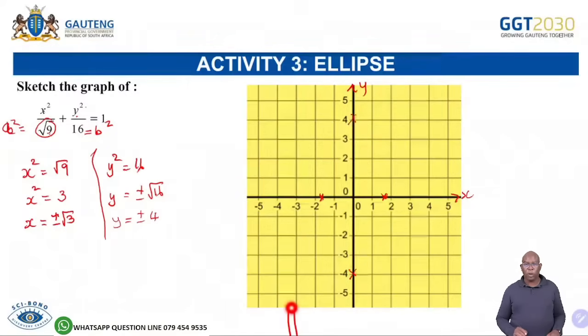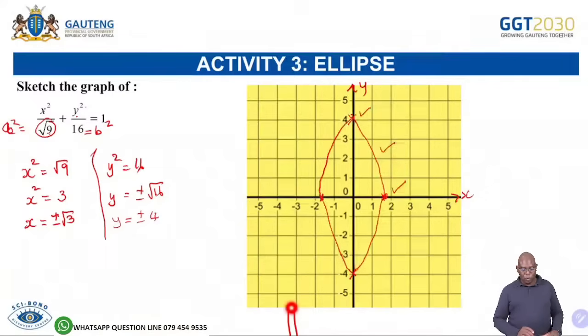Then I join all this, not using a ruler, because we're having so many diagrams which are not correct. I'll join this one here, this one there, and this one there. Then I have my ellipse, which has got 1 mark for the y-axis, 1 mark for the shape, 1 mark for the x-axis, which is correct.